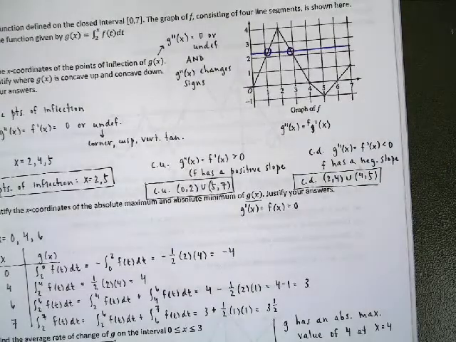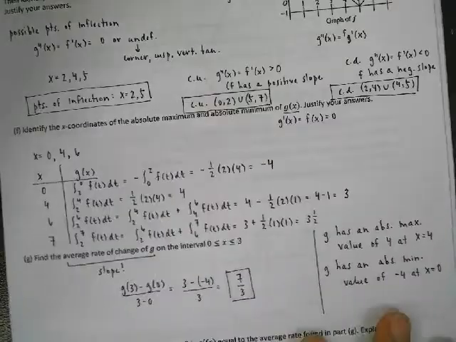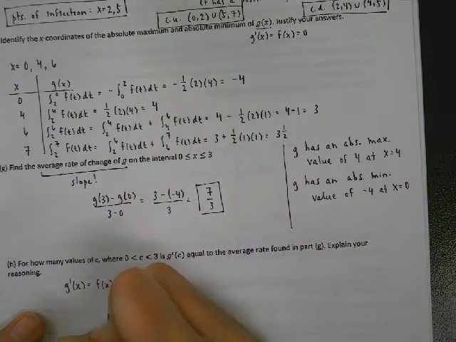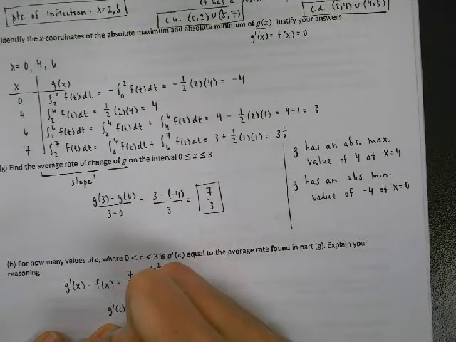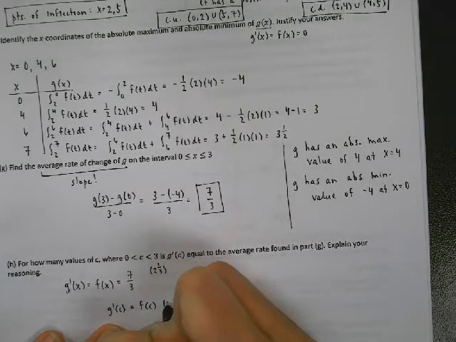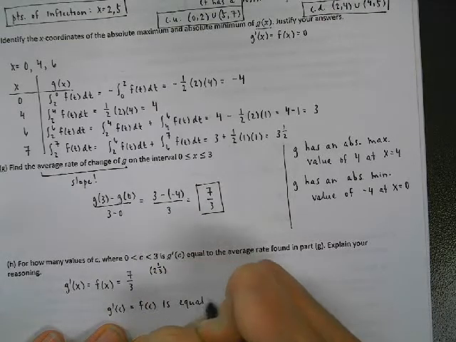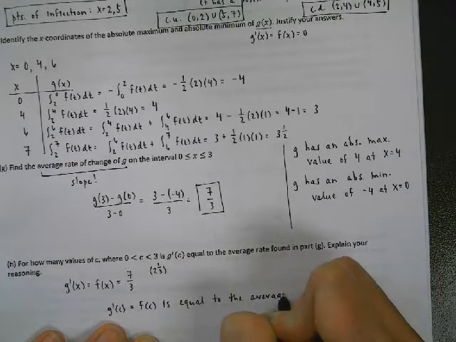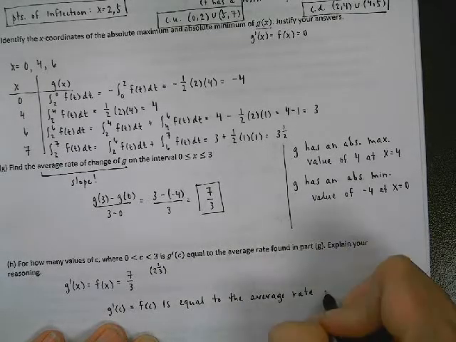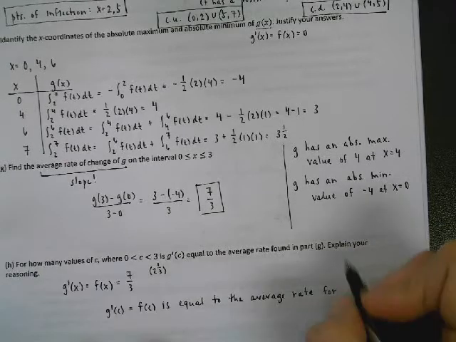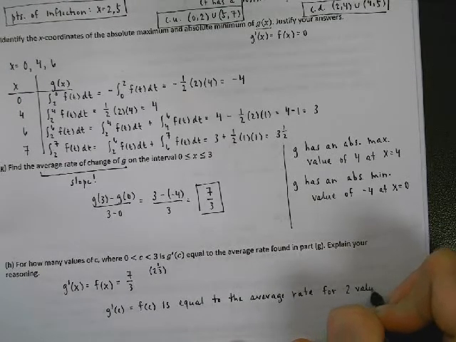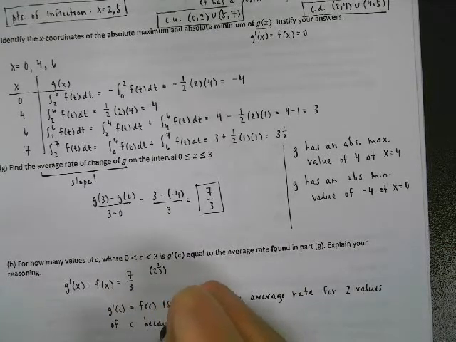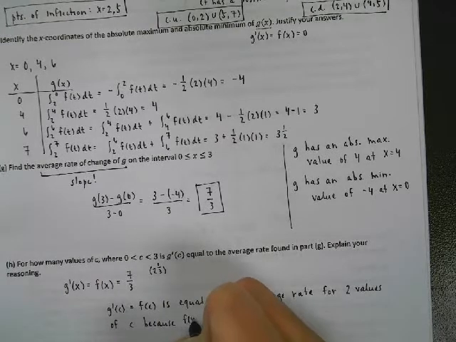So down here now, I can say that g prime of c, which is equal to f of c, is equal to the average rate for 2 values of c, because f of x equals 7/3 2 times.